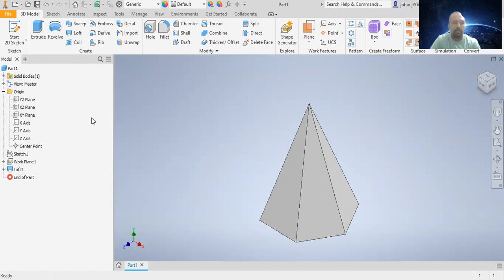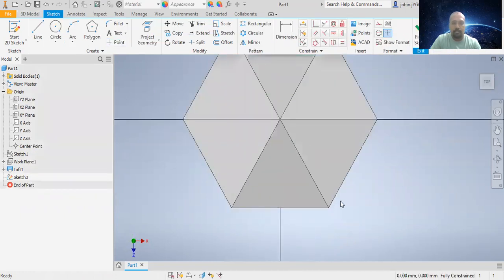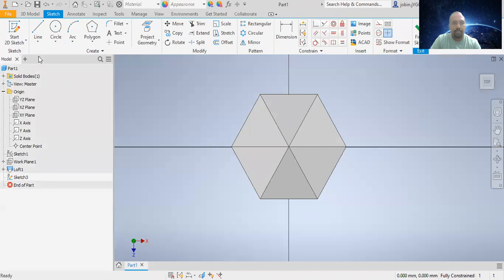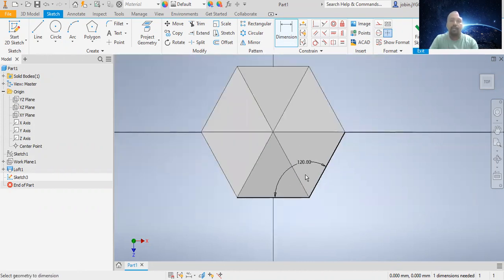Okay, so I will show this angle. Here this is one side and this is the second side. The included angle, the inside angle, is 120 degree.